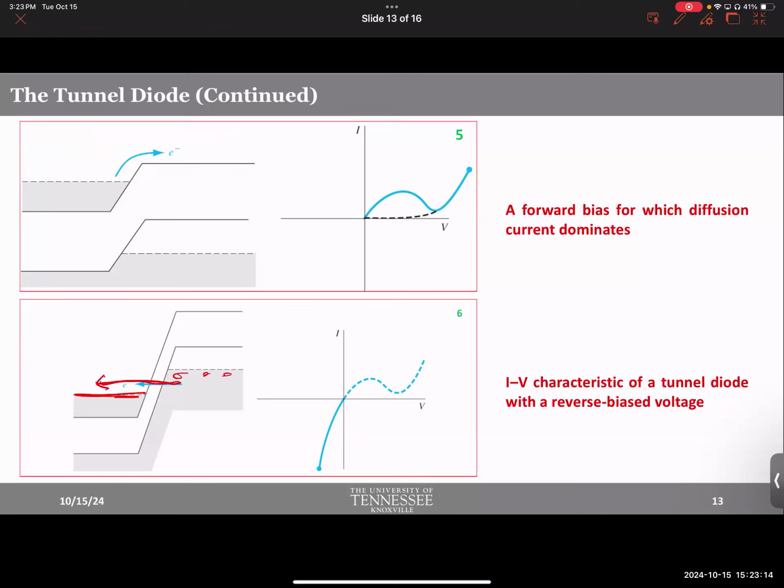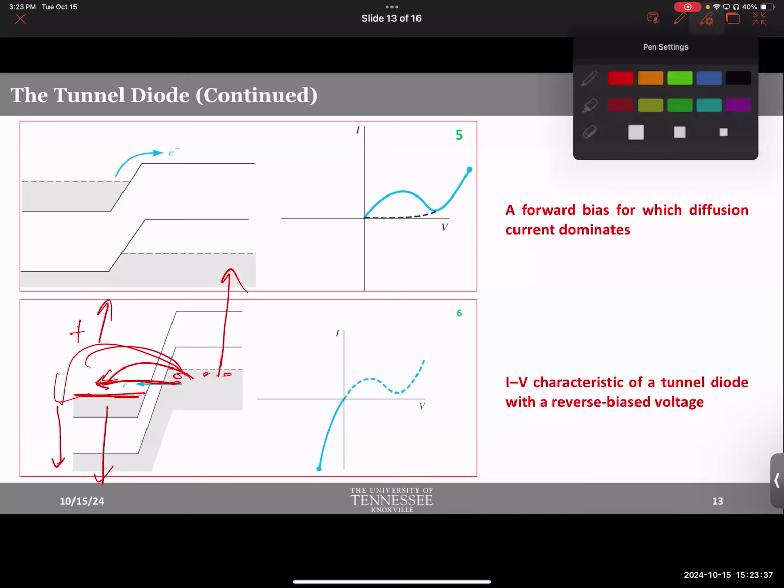And they will tunnel to the other side quite easily. And notice, will there be any situation where the overlap will be gone? If you keep applying positive voltage over and over again, this will keep going down, and this one will keep going up. So it will always be favorable for the electrons to tunnel to the other side.